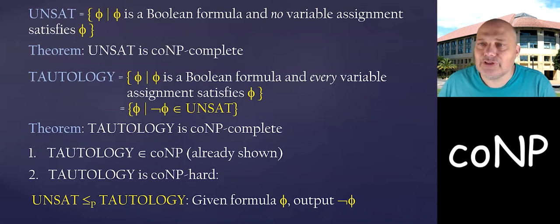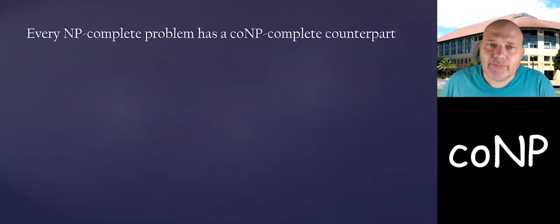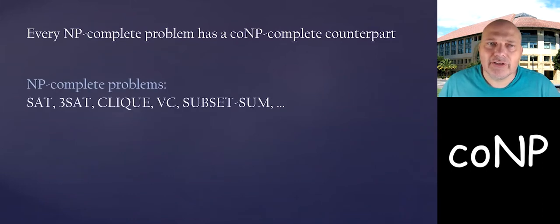So we can use exactly the same kind of structure of reductions to look at more and more problems that are coNP complete. Alternatively, we can look at every problem that is NP complete and see that its complement is coNP complete. So every NP complete problem has a coNP complete counterpart.